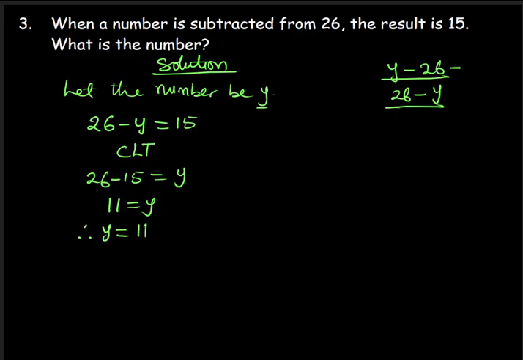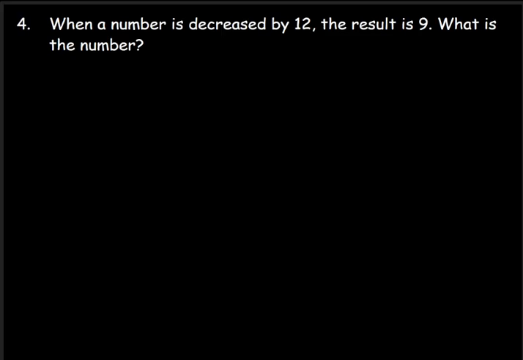Now in summary of this, we know that y stands for the number. I forgot to do this in the previous two that we just did. So y represents the number. We asked to find the number. So the number is 11.